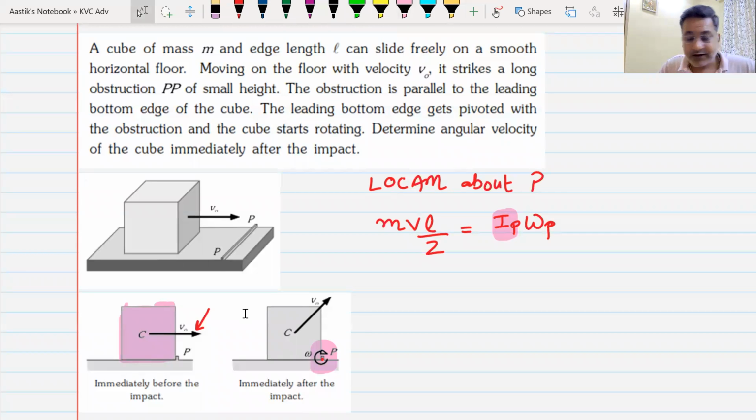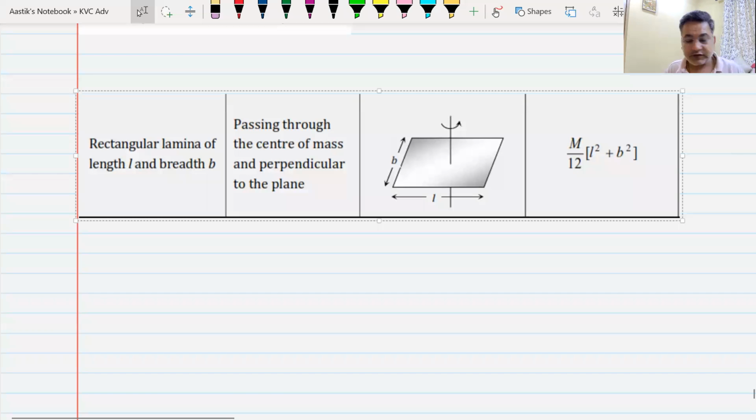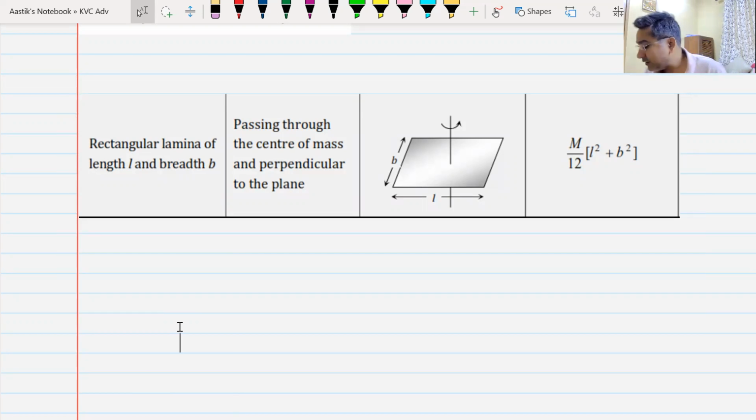So just to remind you, if it is a rectangular plate with length L and breadth B, the moment of inertia about this axis will be M into (L square plus B square) by 12. Do we understand this? Yes, sir.